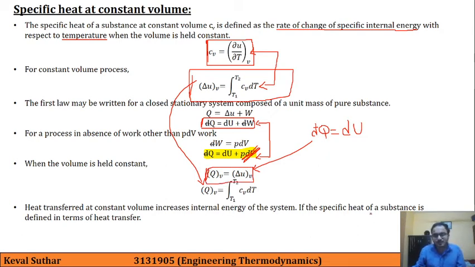And if the specific heat of a substance is defined in terms of heat transfer, we can write down in this way. This is also based on this formula, and here there is a change, you can replace this U with V.